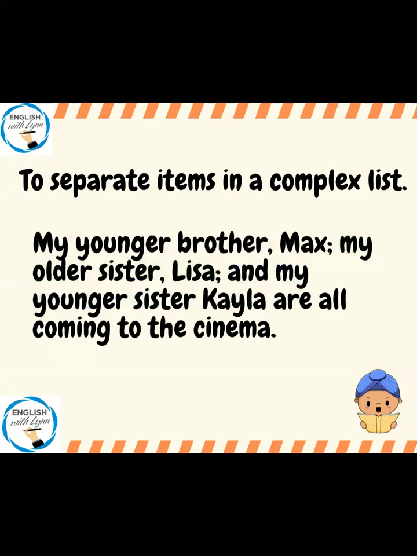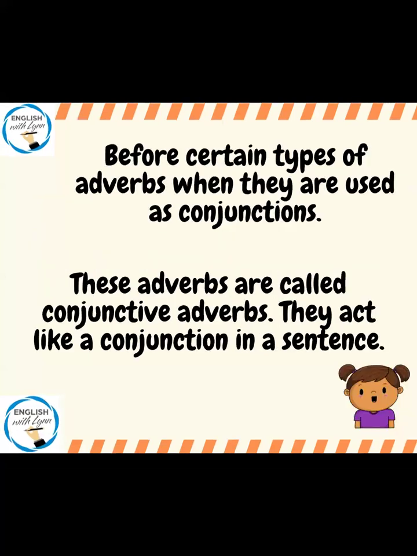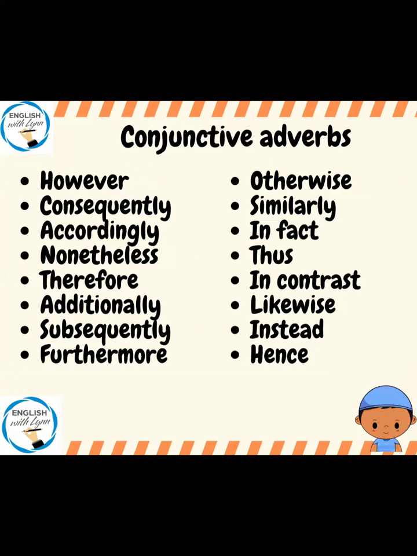The next one, you may or may not have heard of the term that I am going to use, but when we talk about adverbs, there are a group of adverbs that are called conjunctive adverbs. And conjunctive adverbs, they act a little bit like a conjunction in a sentence. They link ideas together. And when we talk about conjunctive adverbs, this here is a short list.